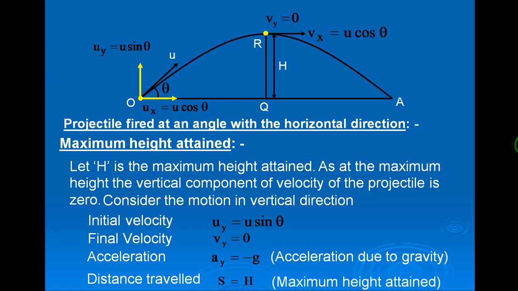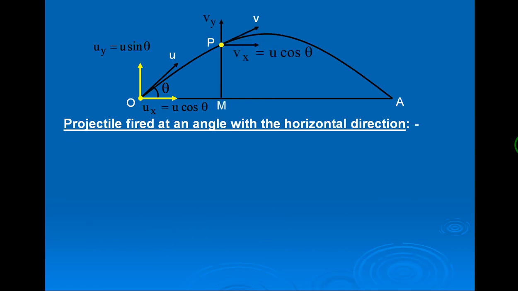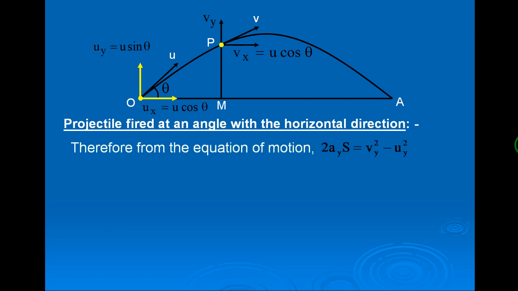Therefore, from the equation of motion, 2 ay s is equal to vy square minus uy square. By putting the values, we get 2 into minus g into capital H is equal to 0 square minus u sin theta whole square.